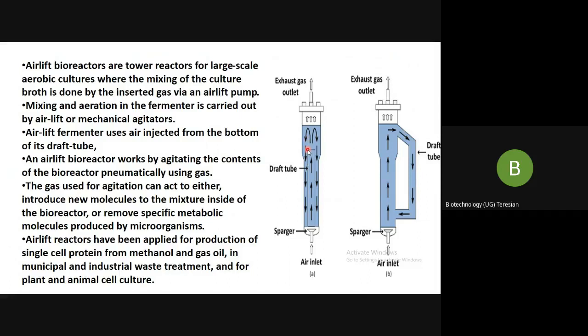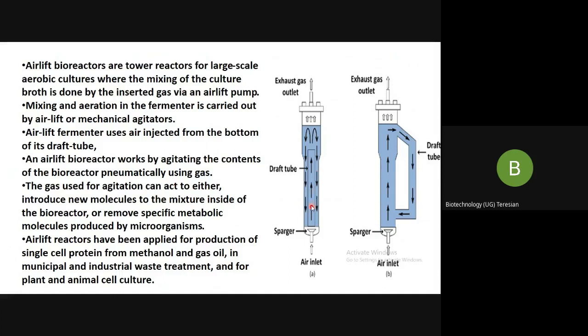It consists of a single container having a draft tube. Here you can see the draft tube in the center, which is involved in creating an interior liquid circulation channel. They have a very simple design, and the volume and circulation are maintained at a fixed rate to carry out the fermentation.